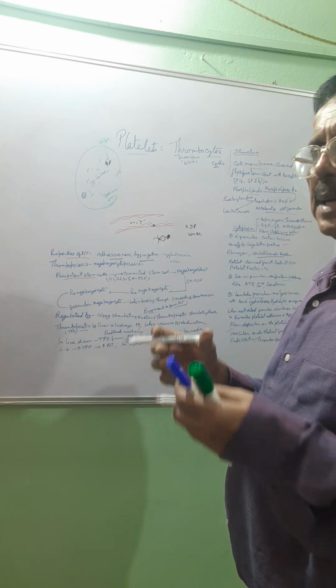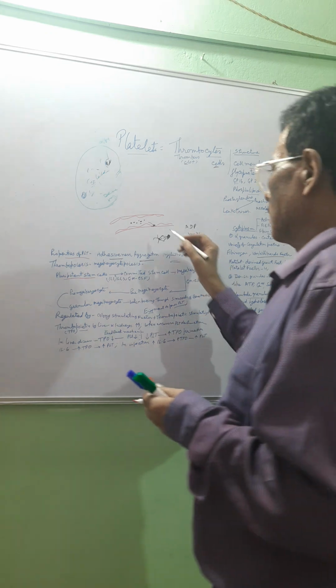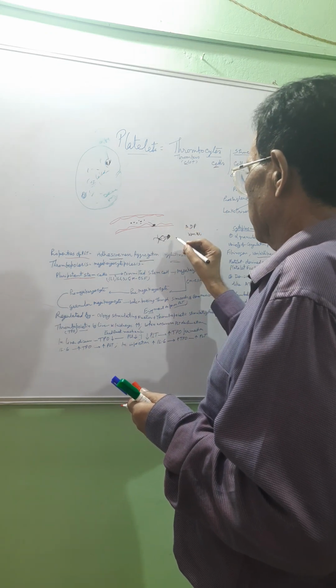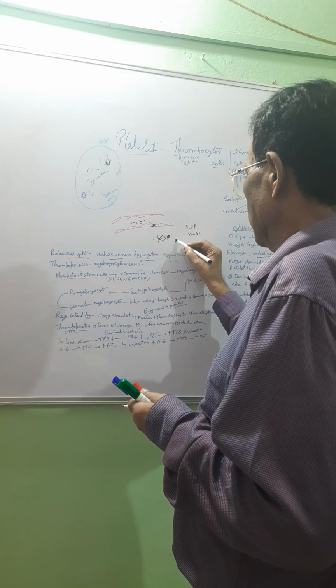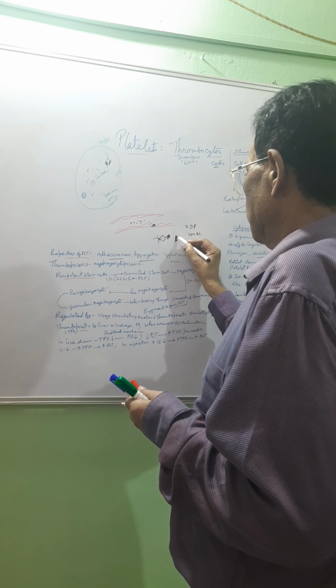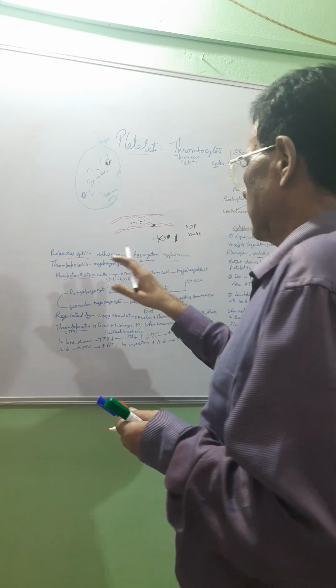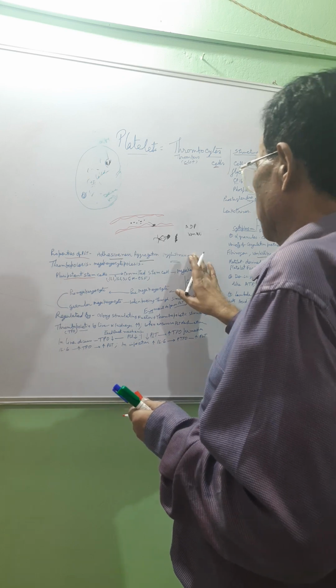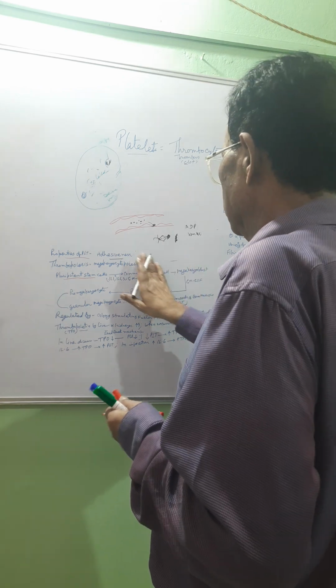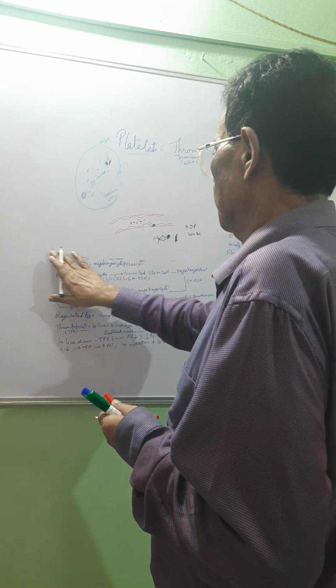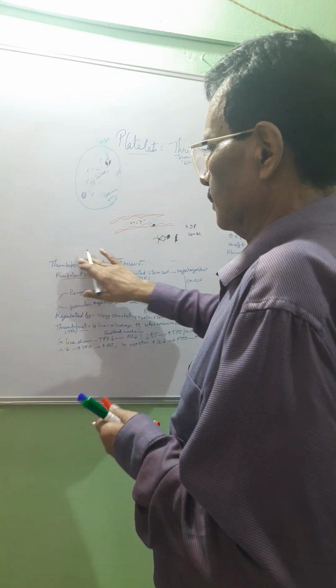Two platelets, three platelets aggregate to form the plug, and they pile upon each other. This is agglutination. These are the properties of platelets.